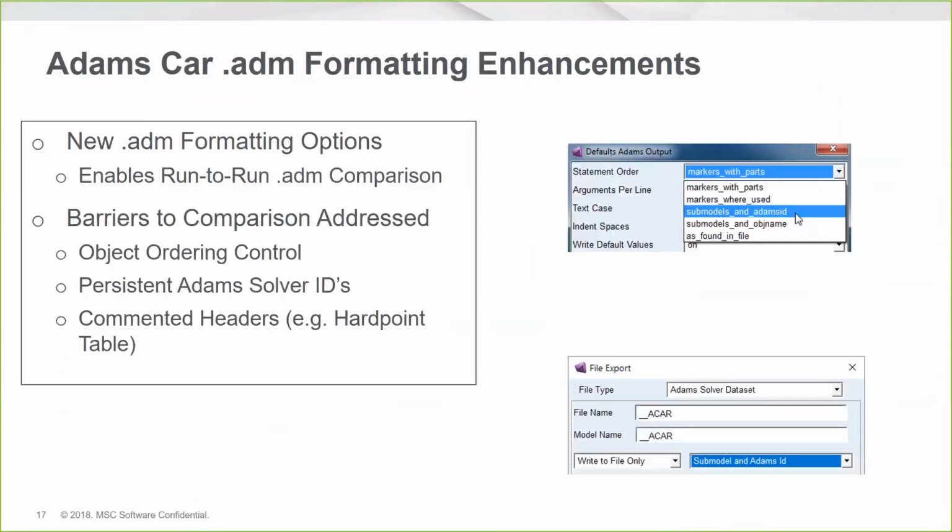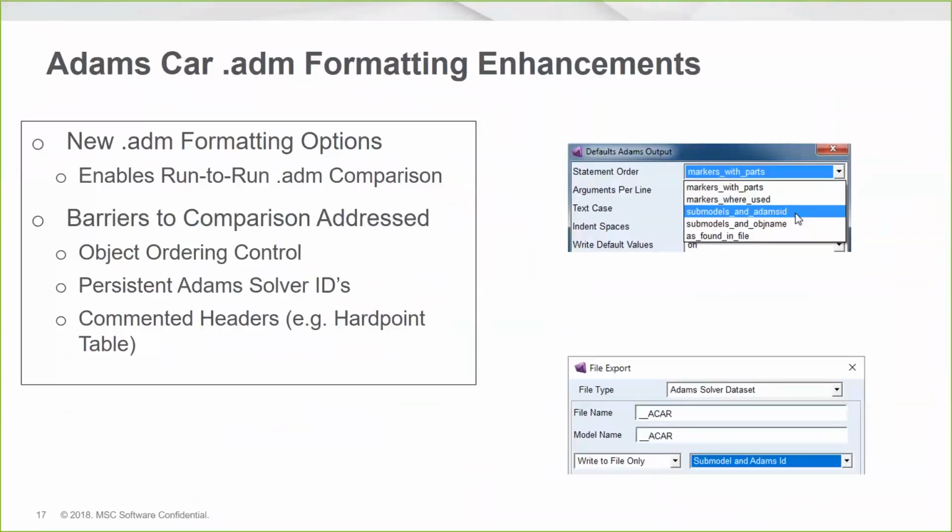The Adams Car ADM file has been improved for formatting, and in this release the goal is to enable run-to-run ADM comparison. We used to not be able to do that for a number of reasons, most of all the persistent Adams solver IDs.